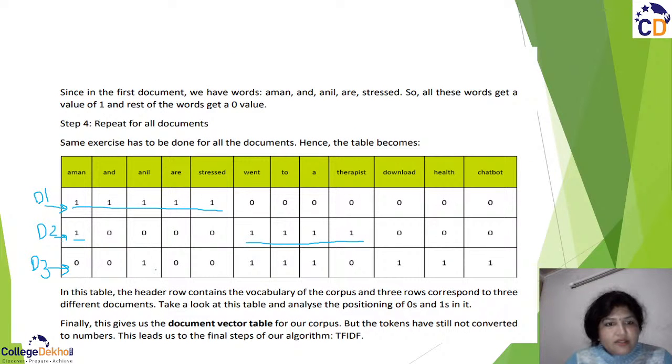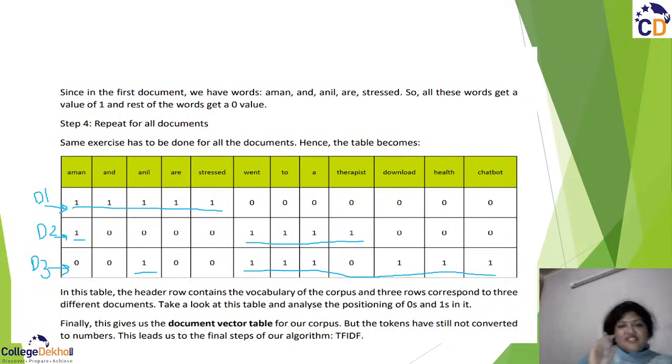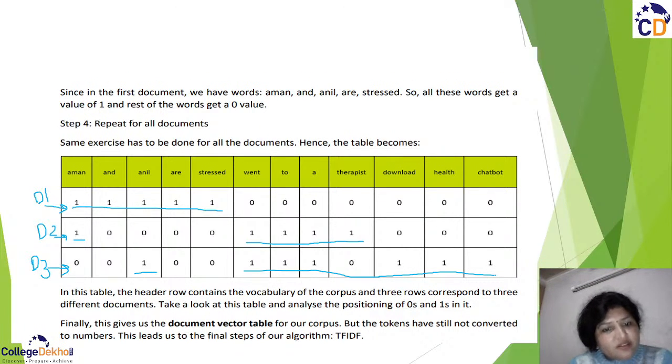Right? So this is what we have done. We have created the document vector. This is how we apply it and how we have zeros and ones in our document vector.